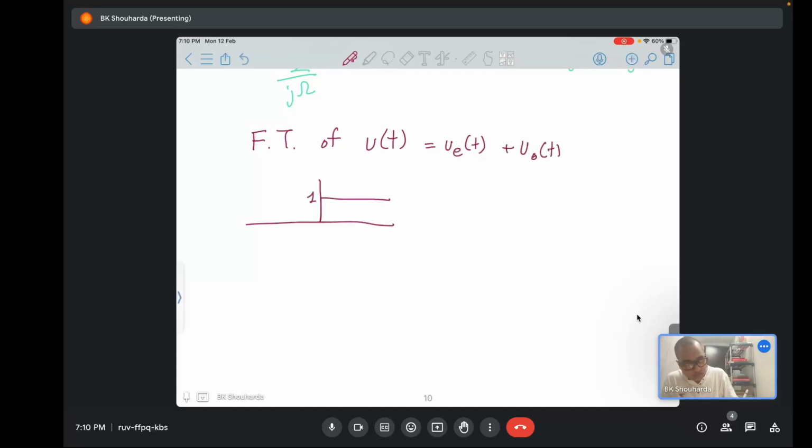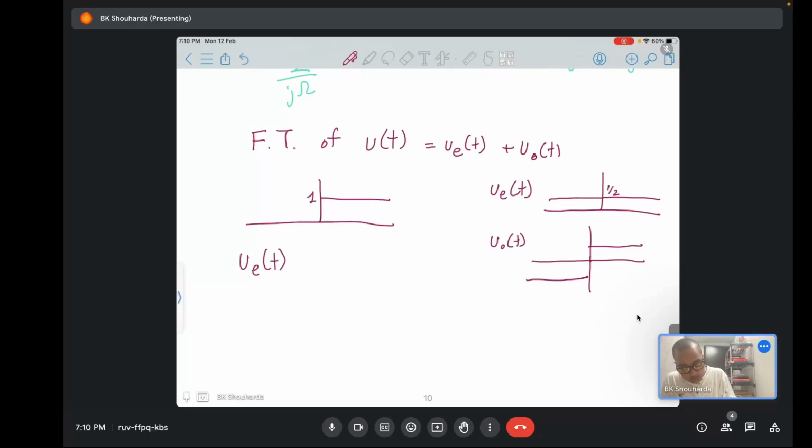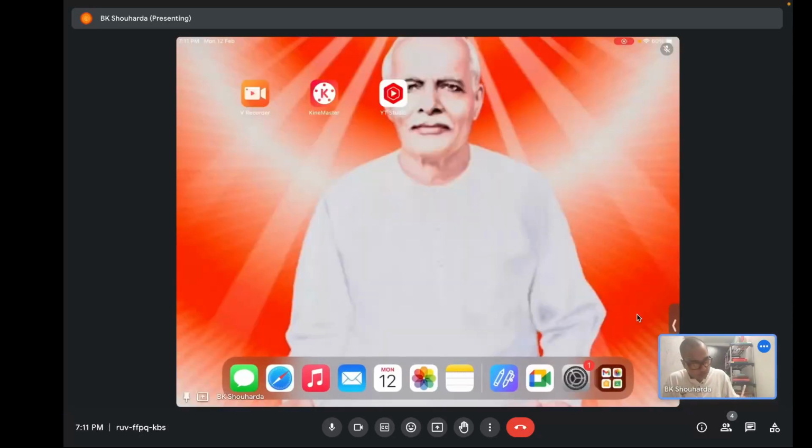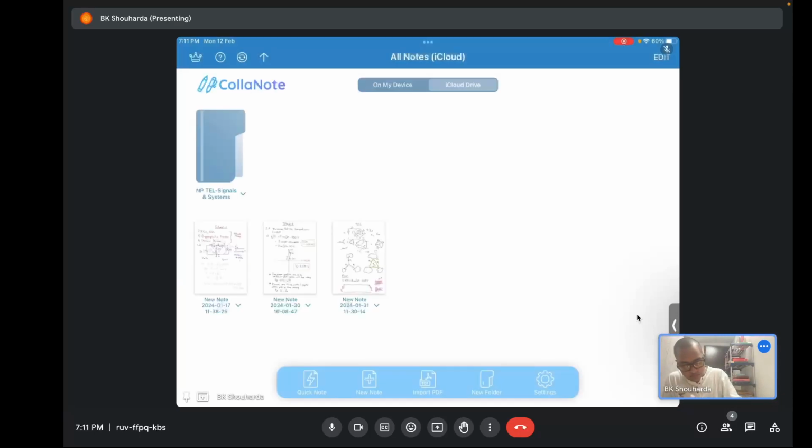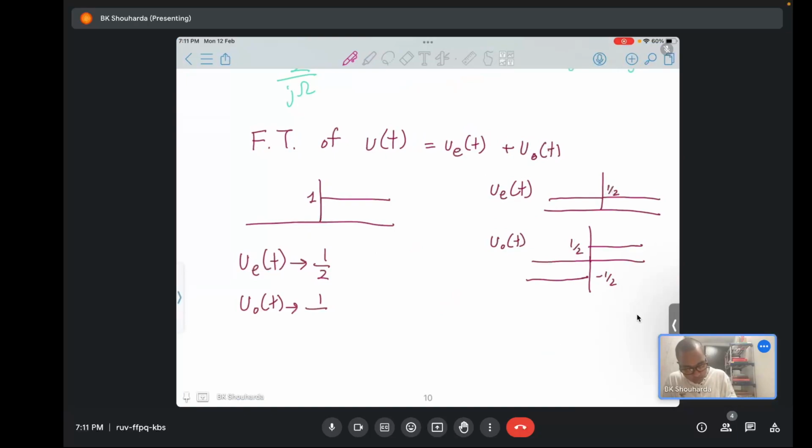So the even part of u(t) will be half of u(t) and half of u(minus t). The odd part of u(t) will be half of u(t) minus half of u(minus t). So the even part is a DC signal, half, and the odd part is half the signum function.